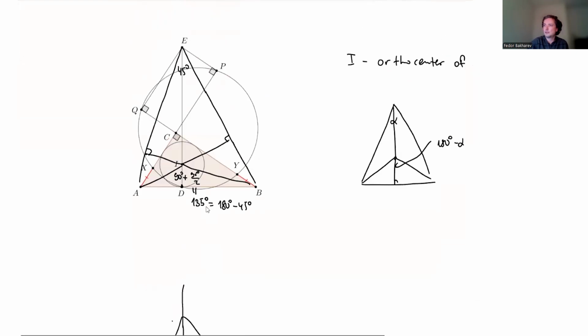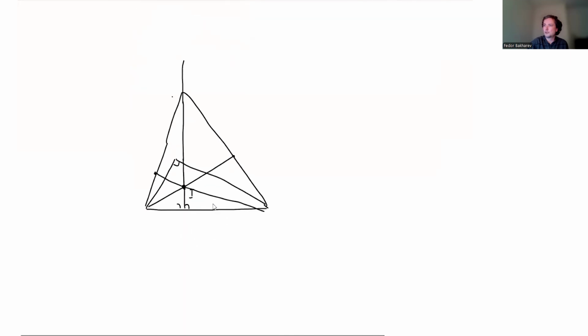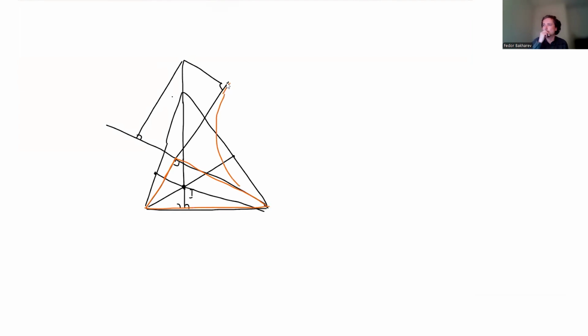And then we project this to the sides of the triangle, and we would like to understand that these points are the tangency points of the x circles. So, for example, the x circle here is tangent at this point.